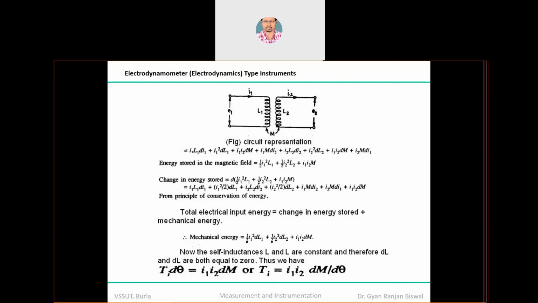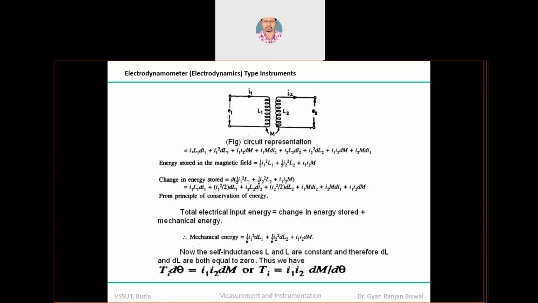Clear? Now, because of the self-inductance, if you take both values as equal L, and L is constant, then dL will be 0, the change in inductance will be 0. Substitute that statement also. Ultimately the amount of work done is Ti d theta, equal to I1 I2 into dM, because dL1 and dL2 tend to 0.